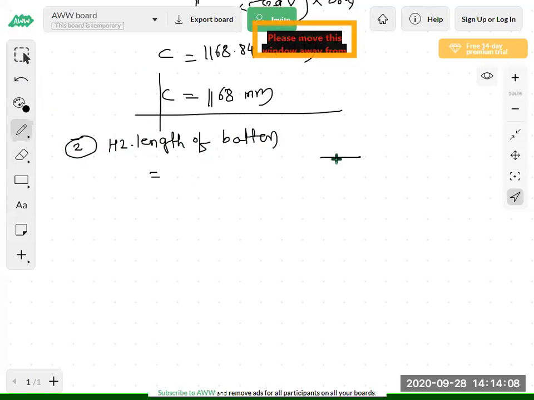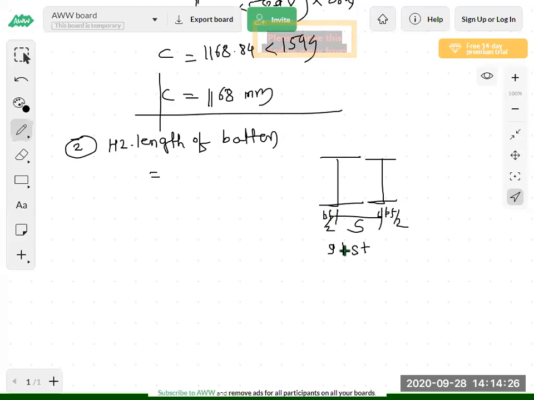see, how to calculate the horizontal length? These are the two I sections, and this is the S distance. We can add BF by 2 here and BF by 2 here, or S plus we can add G here and G again here.